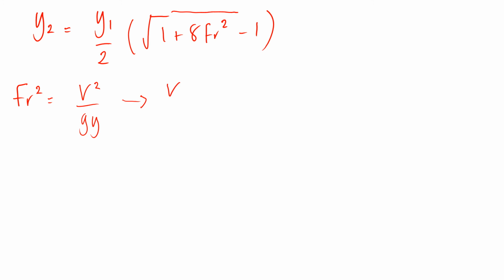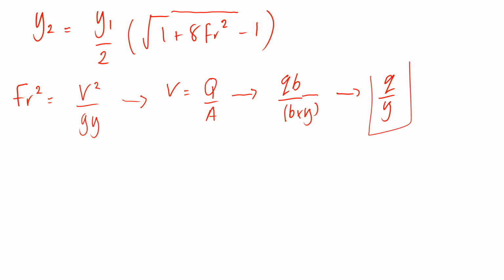V is equal to q over A, because we don't have big Q but we have small q, so that's qb over b times y, which is the area. So the b cancels out and you're left with q over y. You can sub this back into this equation.